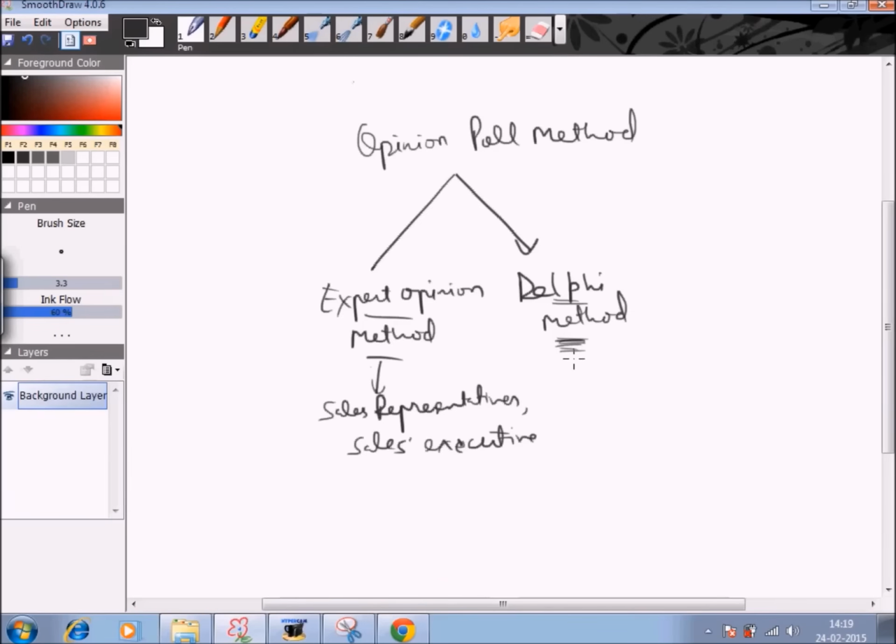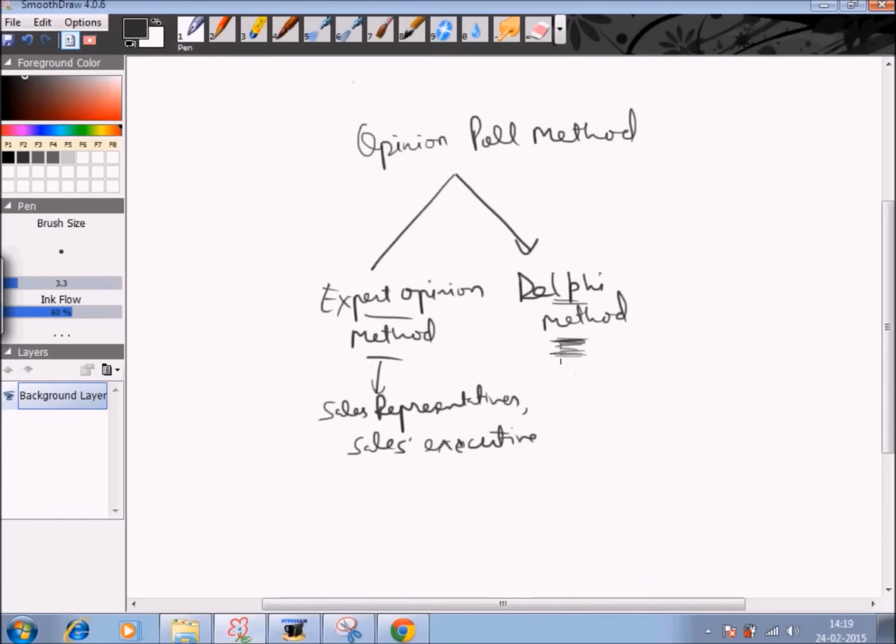Then the facilitator presents them an open-ended questionnaire. The same questions are given to all the experts of the product. They fill in the questionnaire in round 1 and provide it to the facilitator.